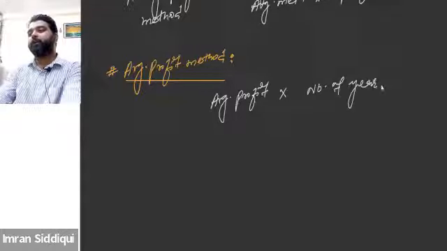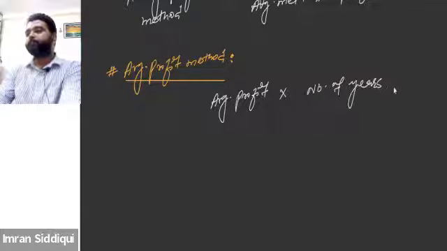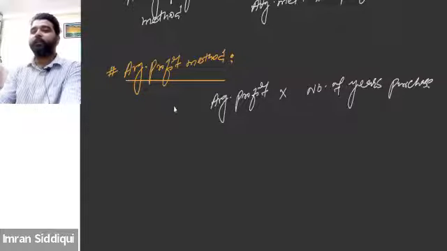Most of the time, these values are already given in the question, and sometimes the average profit is not there. Then in such a situation, we will have to find the average profit. Number of years purchased multiplied with the average profit gives the value of the goodwill. This is the first method by which goodwill can be valued.